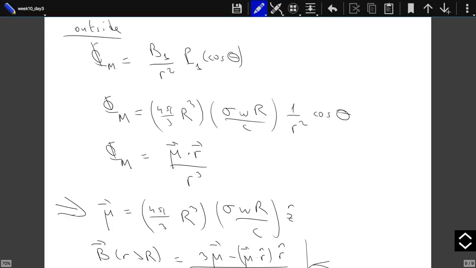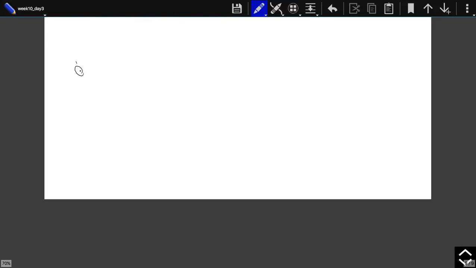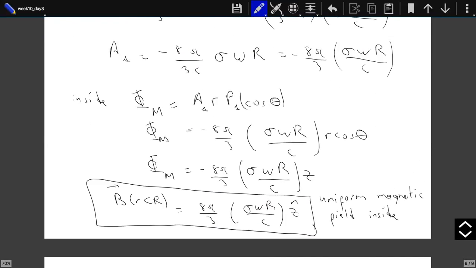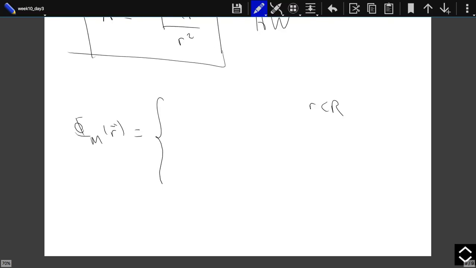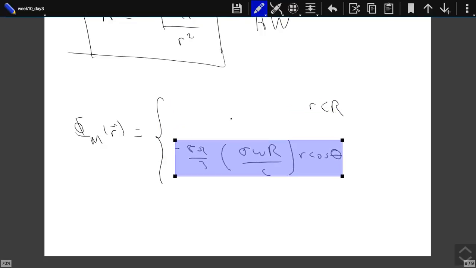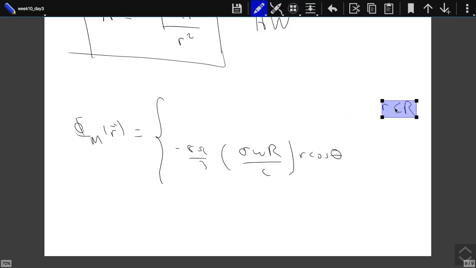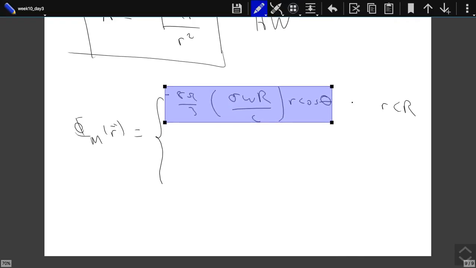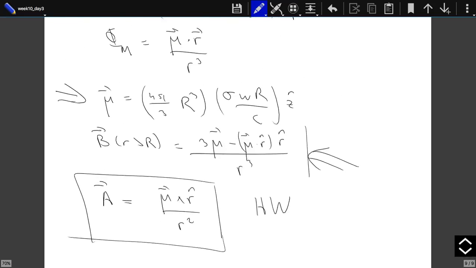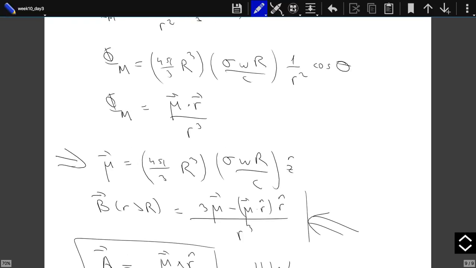Well, just note one thing. Phi m at an arbitrary point r. We calculated for a point inside the sphere, and it turned out to have this form. And outside, it had this form.